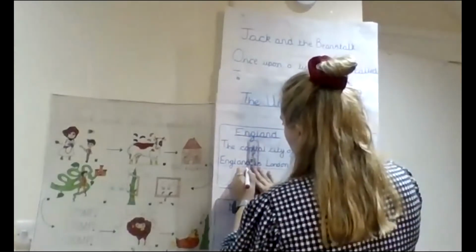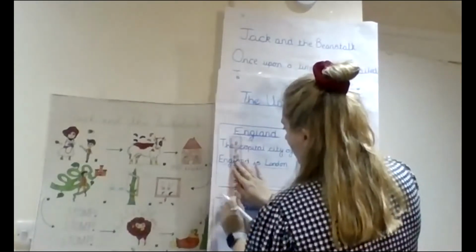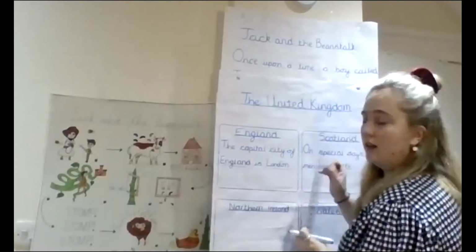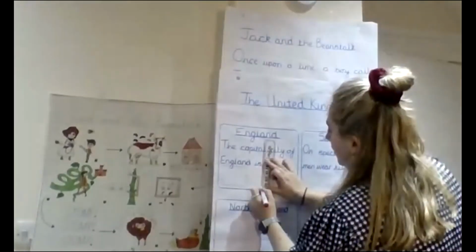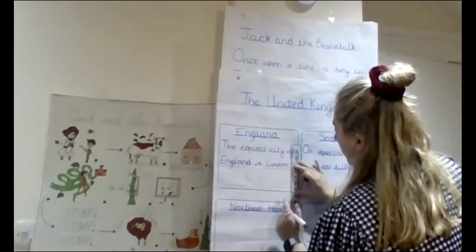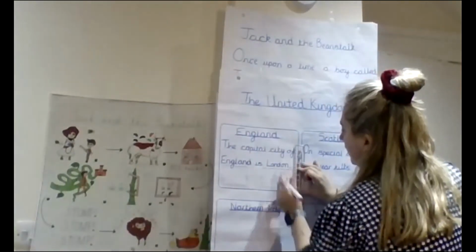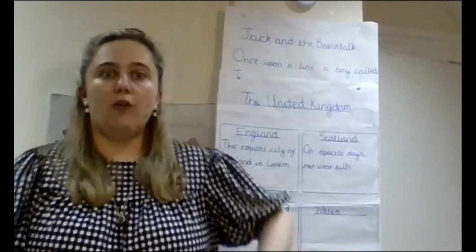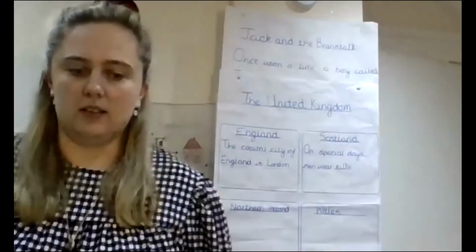Use your ruler. Can you see me doing that? Use your ruler to draw some smaller boxes on your fact file. There we go. And then you could draw some pictures of something in England.